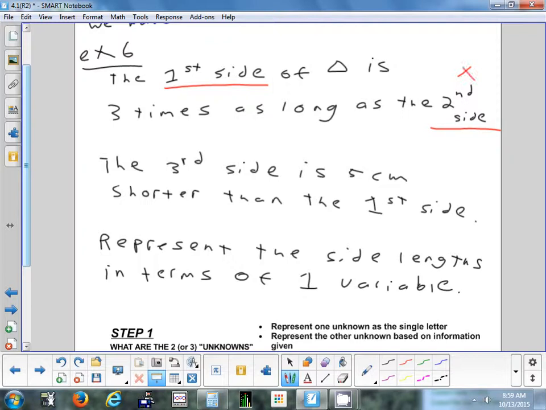So how would you represent the first side? It's 3 times the second. So think about what the second is, and then think about 3 times that. How would you represent the first side?